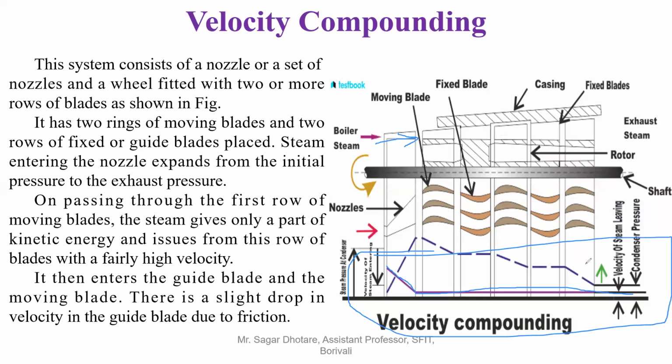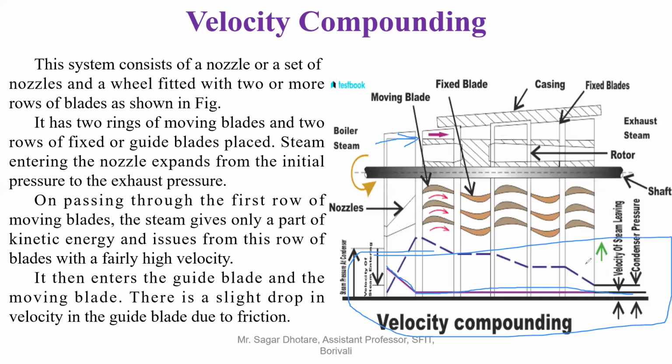Here you can see that some portion of the velocity is absorbed. The steam then enters the first row of fixed blades. The function of the fixed blade is only to guide the steam coming from the first moving blade row to the next moving blade row. There is no change in velocity as the steam passes over the fixed blade.